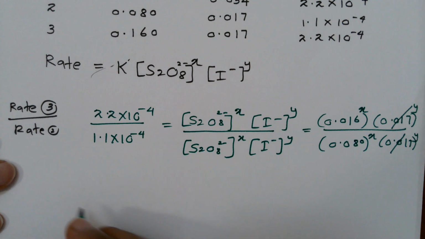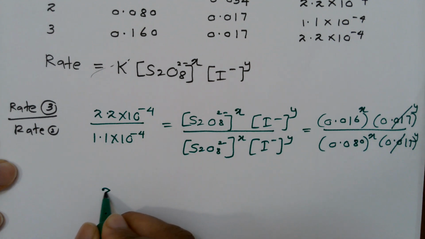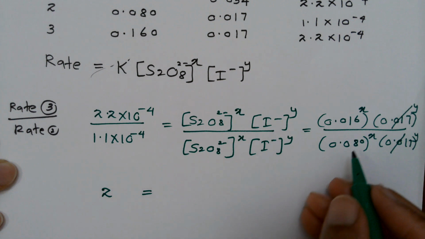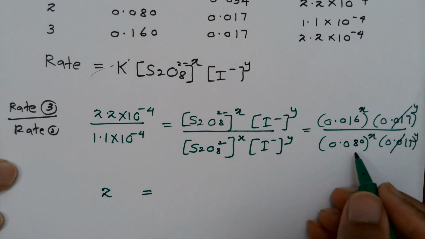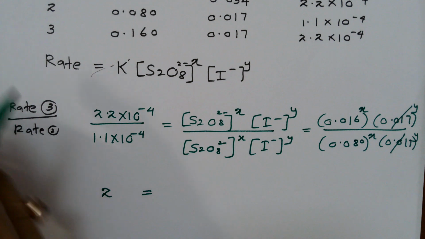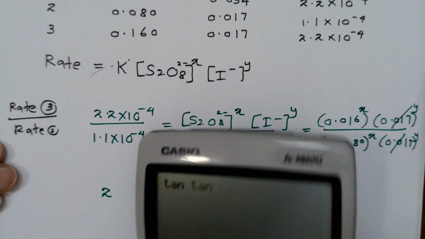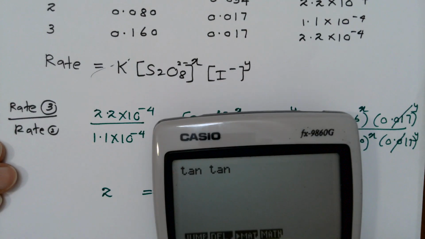So we can divide these two. The answer is 2 is equal to 0.016 divided by 0.080. So let's see using the calculator. 0.16 divided by 0.08, the answer is 2.